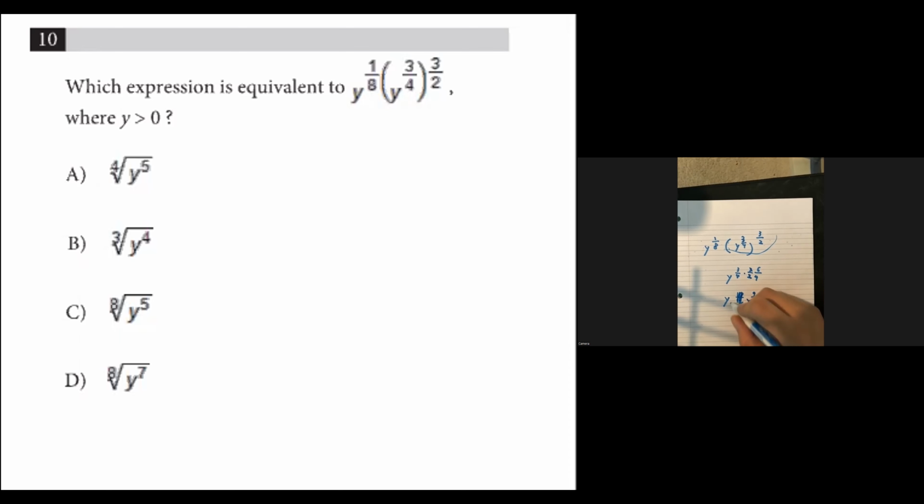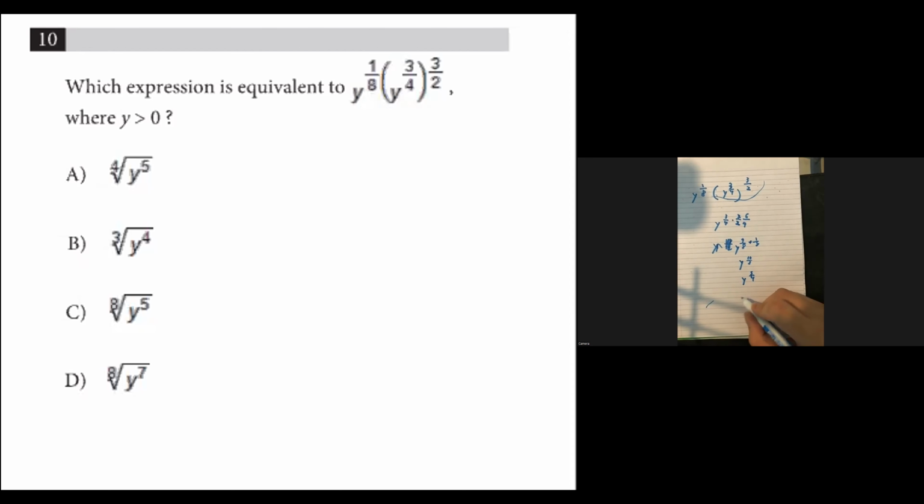Which is just y to the 9 over 8. And then you'd use the first one, which is a to the x times a to the y is a to the x plus y. So this would be this plus 1 over 8, which is just y to the 10 over 8, which is just y to the 5 over 4, which, well, now we have to just translate this into square root.